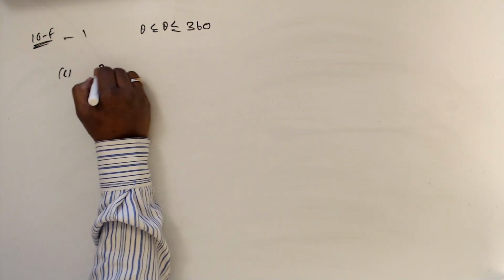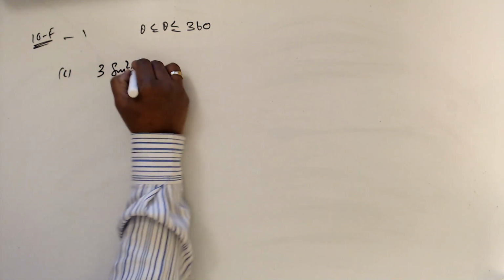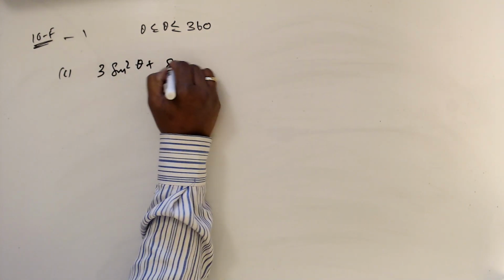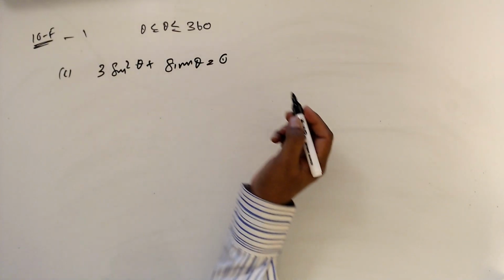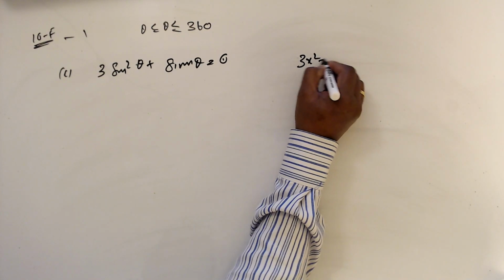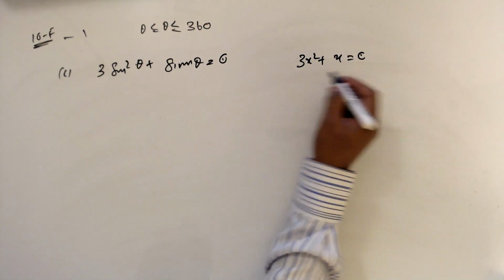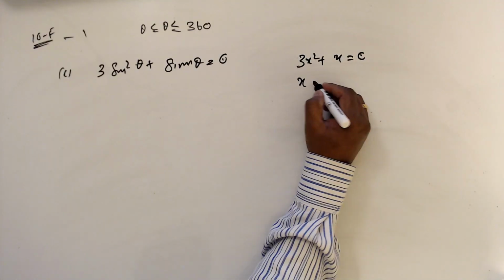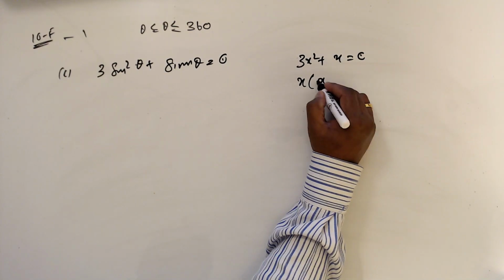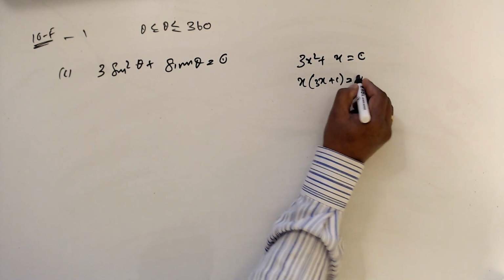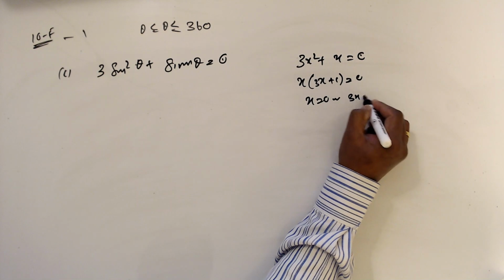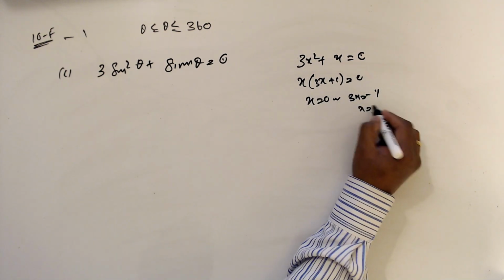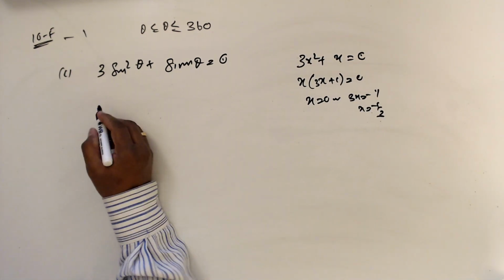Part C, 3 sin² theta plus sin theta equals 0. Think of 3x² plus x equals 0. When I take x out, this is x(3x plus 1) equals 0. So x equals 0 or 3x equals minus 1, x equals minus 1/3.